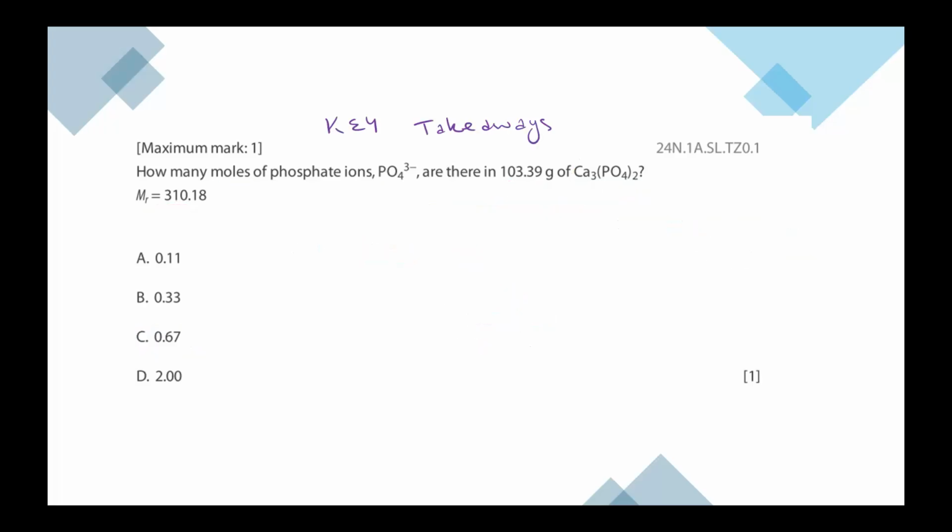Let's look at our key takeaways for this question. First off, the formula we need to use is moles equals mass over molar mass. And we need to make sure we're aware of the molar ratios within the compound, within our ionic compounds.